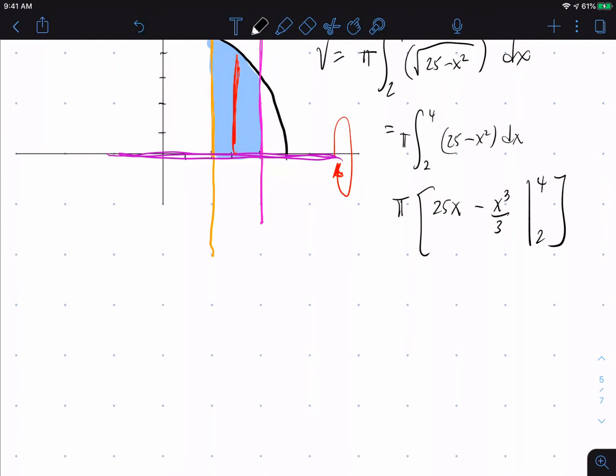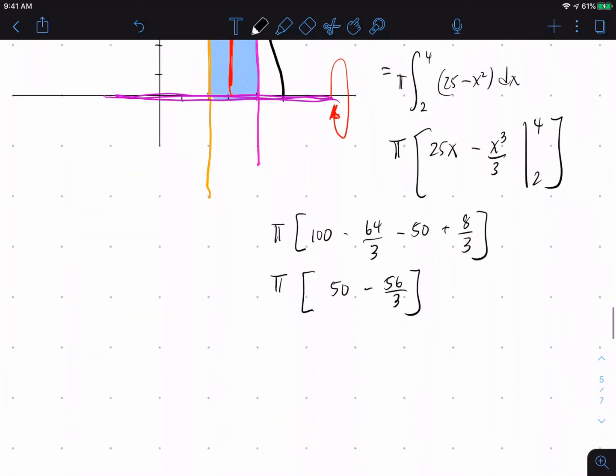And that should give us 100 minus 64 over 3 minus 50 plus 8 over 3, which I can clean up a little bit to be 50 minus 56 over 3, and that is 94 pi over 3 units cubed.